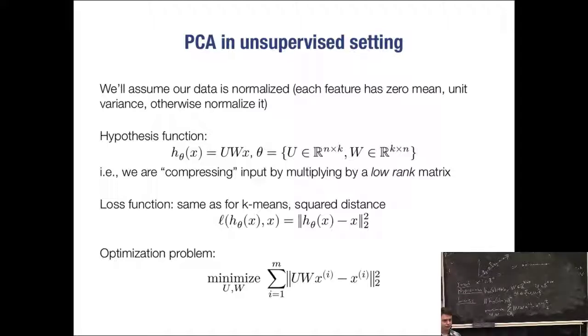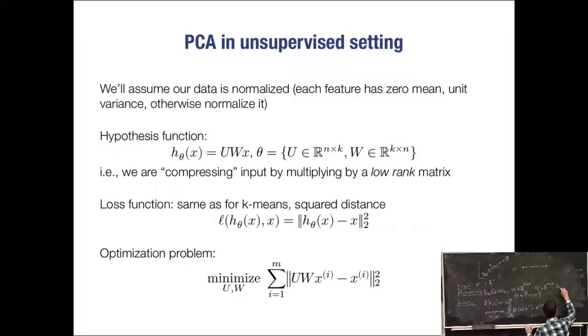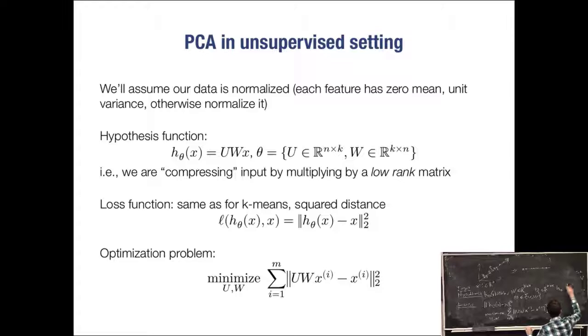So your final matrix is a K by N matrix? The final result is one K by N matrix and one N by K matrix. W is K by N. The hypothesis here is just a mapping from R^n to R^n.